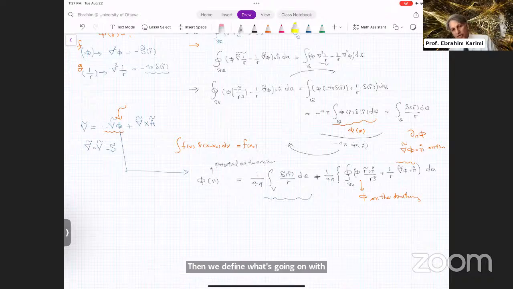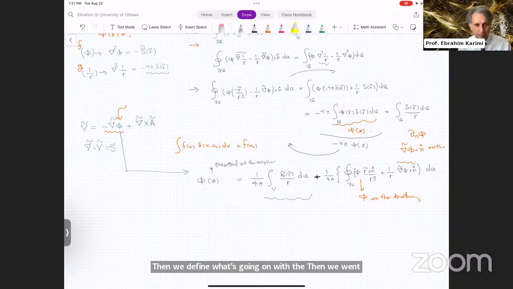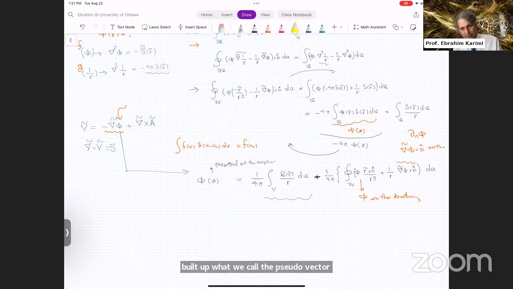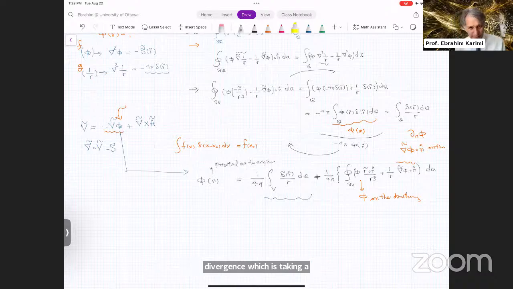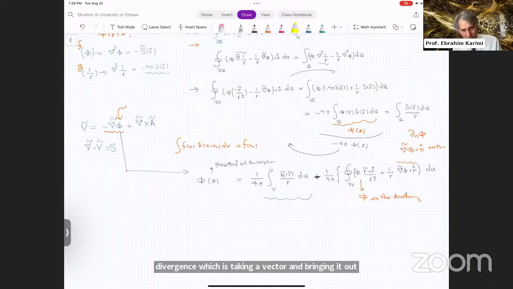Then from a vector we built a scalar quantity and what we call a pseudo vector, which we will define in the next two lectures. Then we introduced the dot product, the cross product, the gradient, which brings a scalar to a vector space, the divergence, which takes a vector to a scalar quantity, and also the curl. We talked about the physical meaning of all of them.